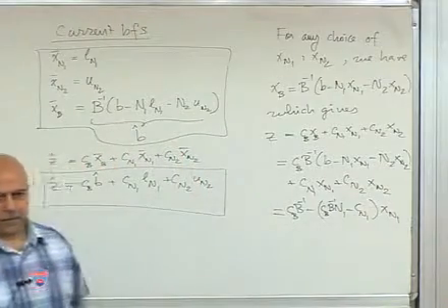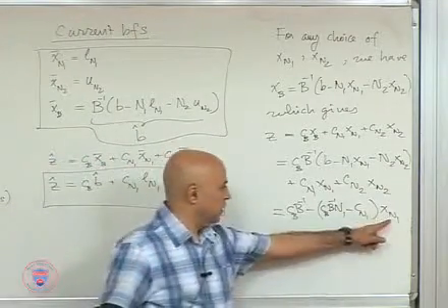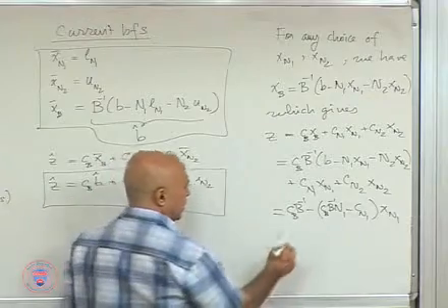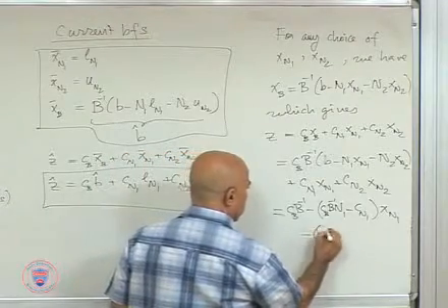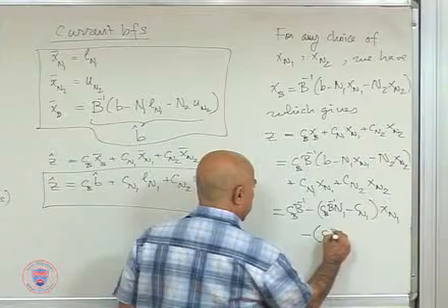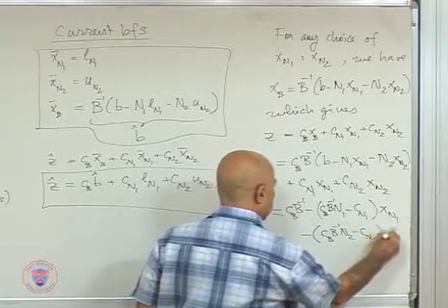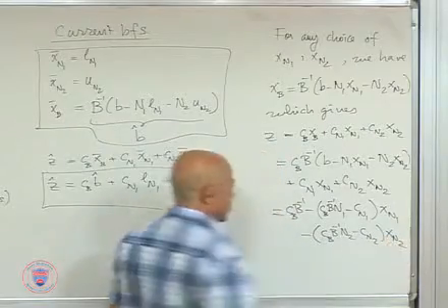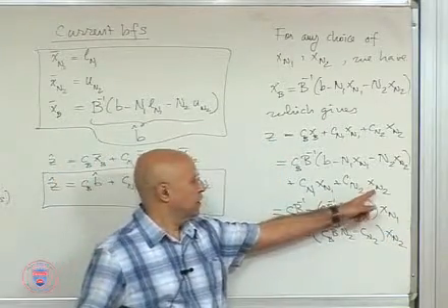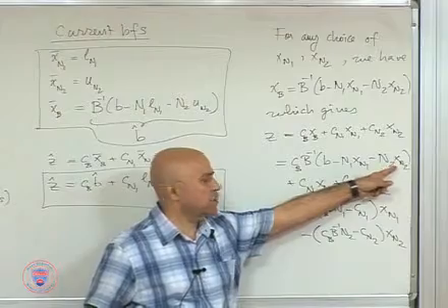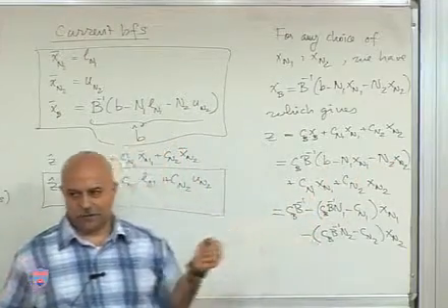That's the multiplier for xN1, minus CB B inverse N2 minus CN2 times xN2. If you factor out everything that has to do with xN2, this is what you get in parentheses.